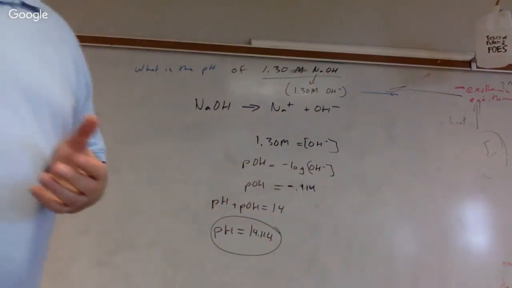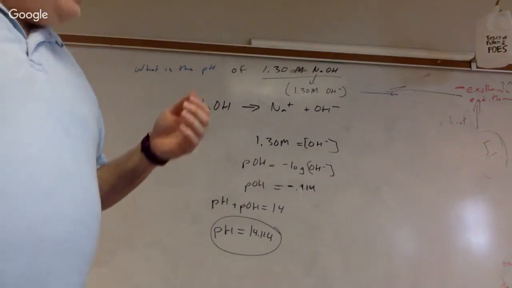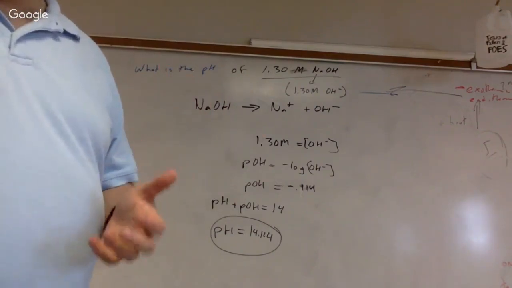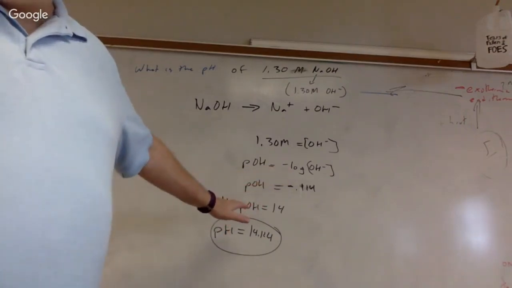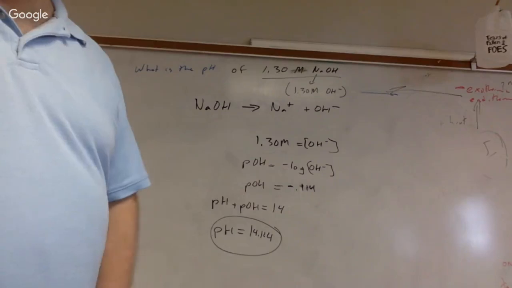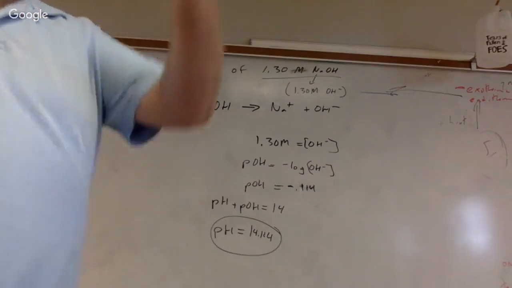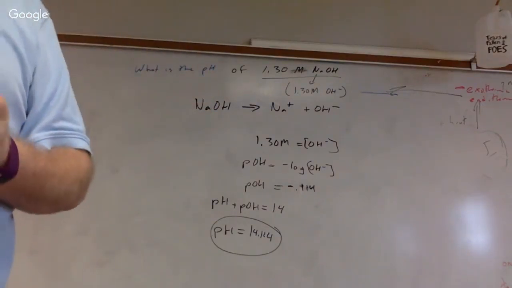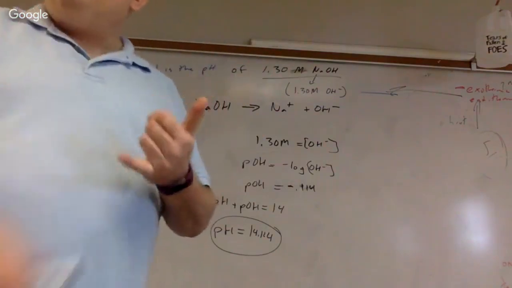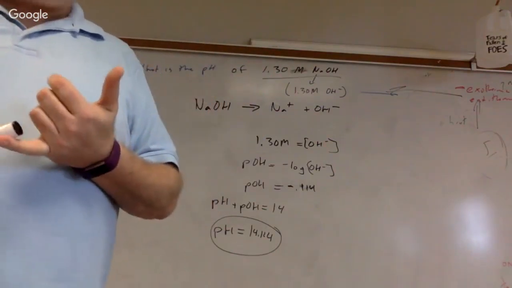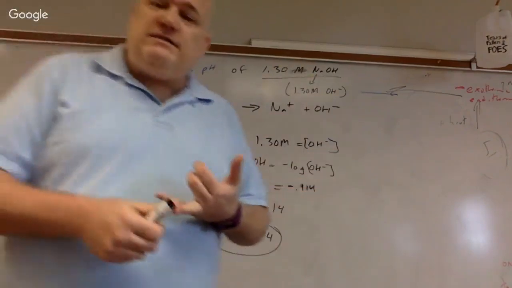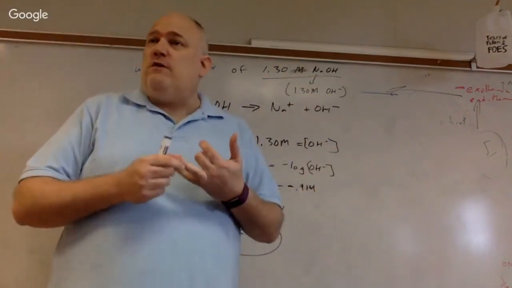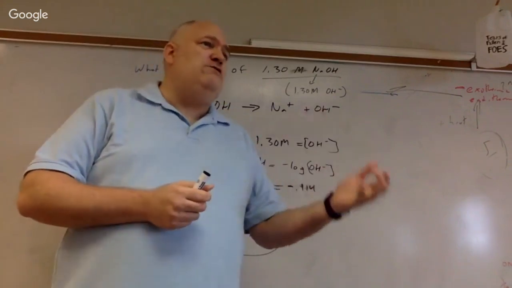The problem we face is this. Not all of the acids and not all the bases we deal with are strong acids or strong bases. Before I even move on to this, do you have any questions on how we would solve a strong acid or strong base that go beyond what Caden so neatly synopsized, which was, if you're a strong acid, whatever the concentration of your strong acid is, that's your concentration of H+. If you're a strong base, whatever your concentration of your strong base is, that's the concentration of your OH-.